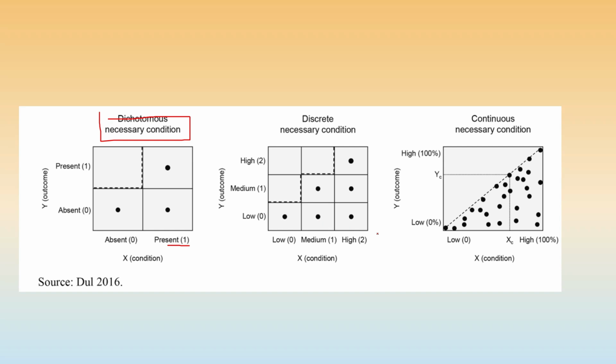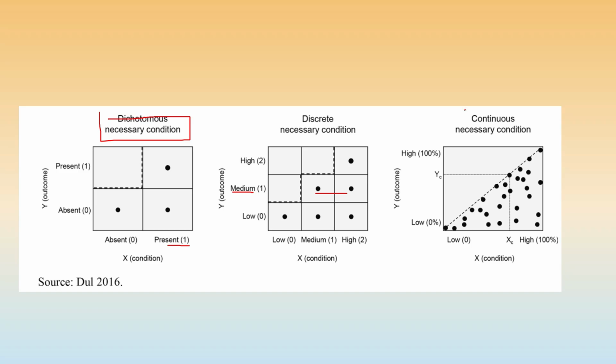If X is high, we can have a high level of outcome. We can have a medium level of Y as well. So this is a necessary condition in the case that if we want a medium level of Y, we should have either a medium level of X or a high level of X. If we require this level, we need these two conditions to be satisfied.